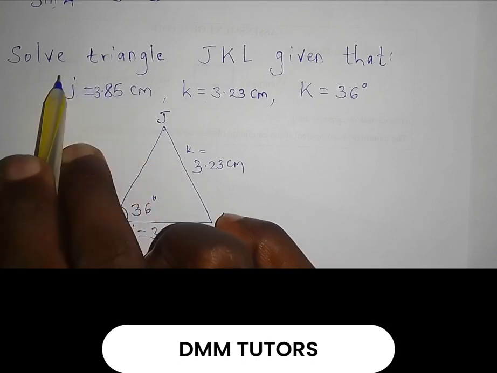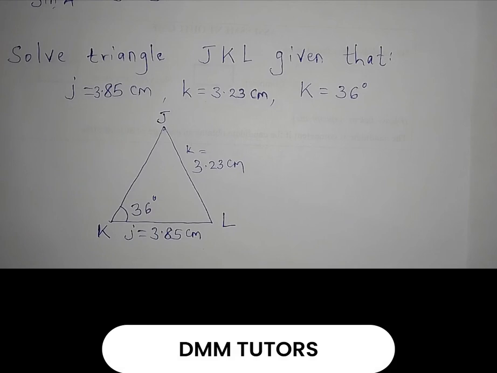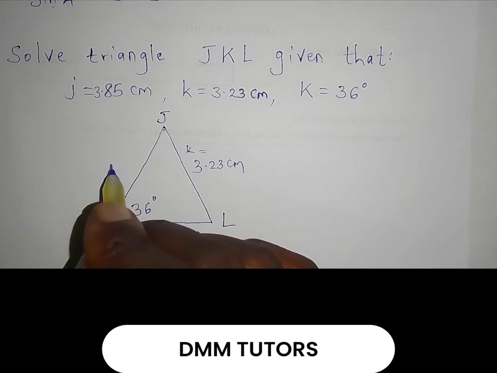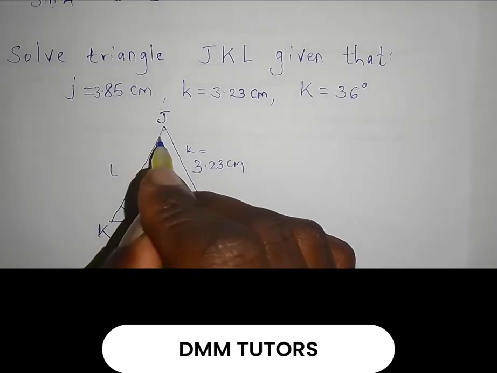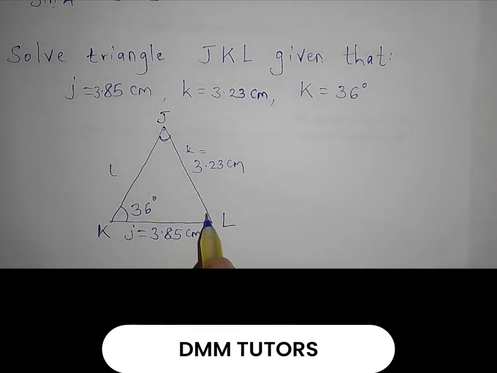Here, when you are asked to solve the triangle, it means you find all the unknown sides and angles. So what we need to find is the length L and the angle J and the angle L. So that's what you are required to find.